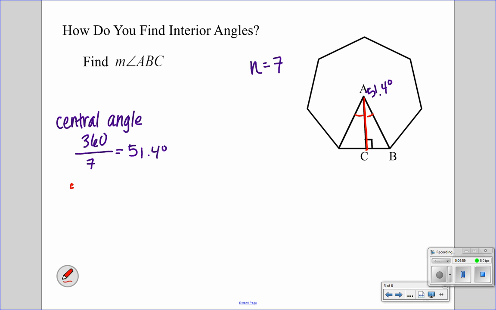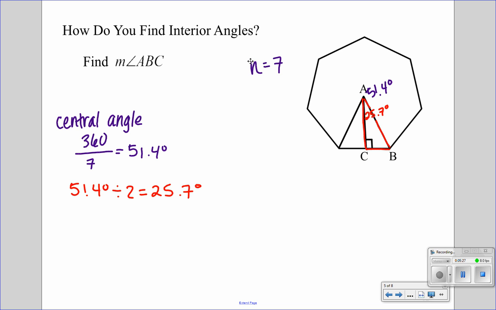So if we do 51.4 degrees divided by 2, we get 25.7 degrees. And so we know that this angle, both angles on either side, are 25.7 degrees. Okay?